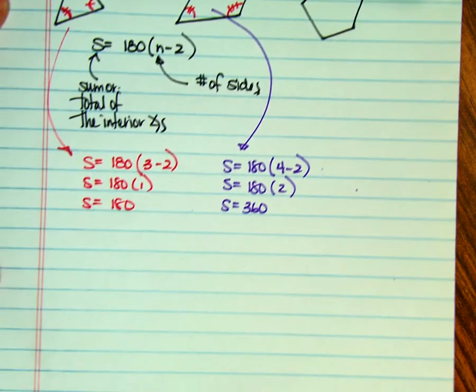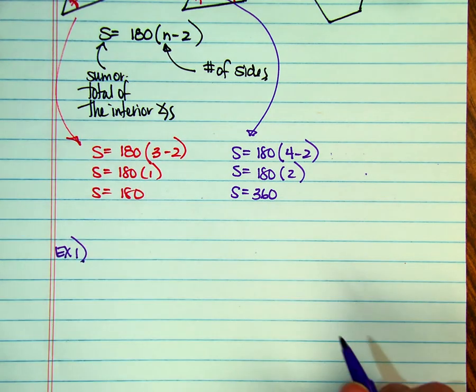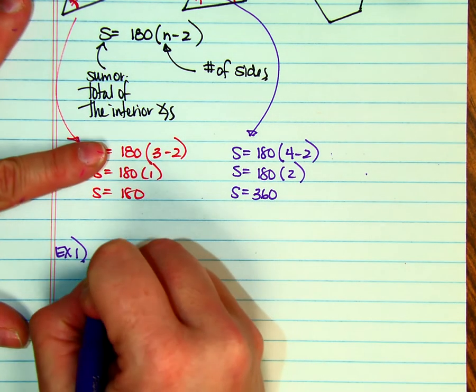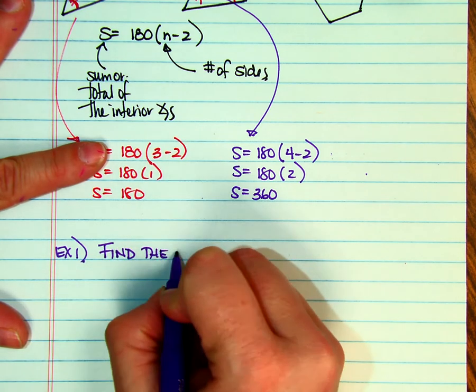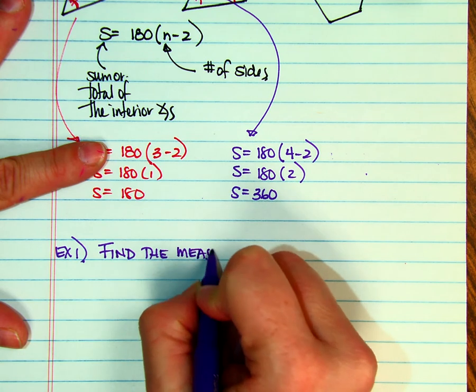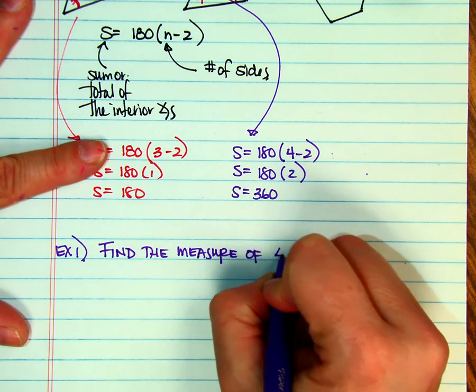So what are we going to do for example 1 when it asks for find the measure of angle A?